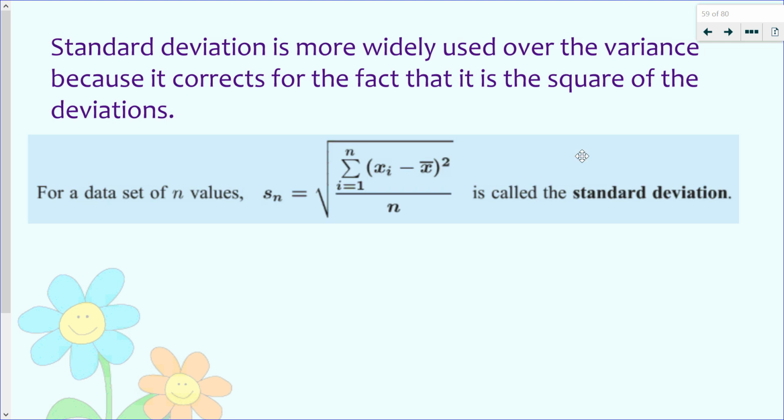It's more widely used because it corrects for the fact that the values were squared. The difference between the variance and the standard deviation is the square root. So what we're going to do in class today is practice calculating the variance and then the standard deviation.